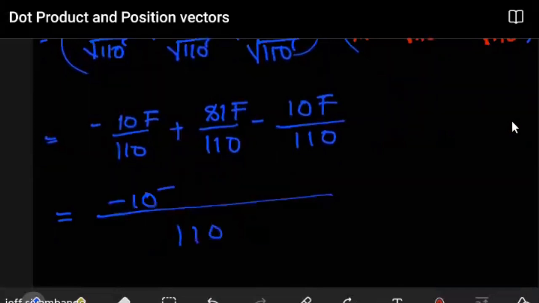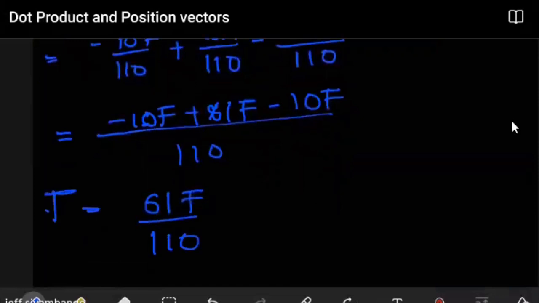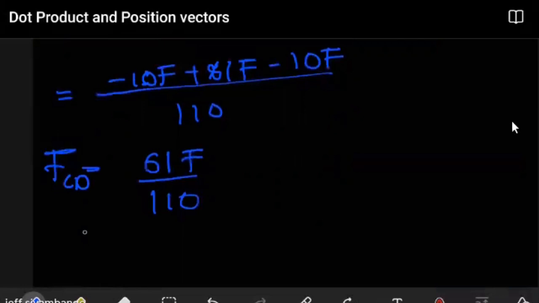Minus 10F plus 81F minus 10F again. So that now we can just add these. So this is minus 20 from that, that's 61F over 110. So this becomes the component of F along CD, 61 over 110 F.